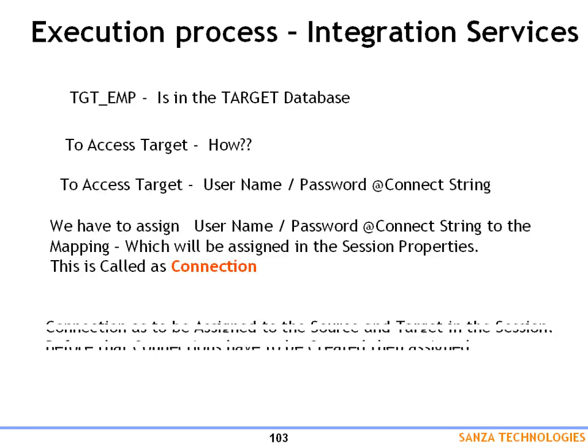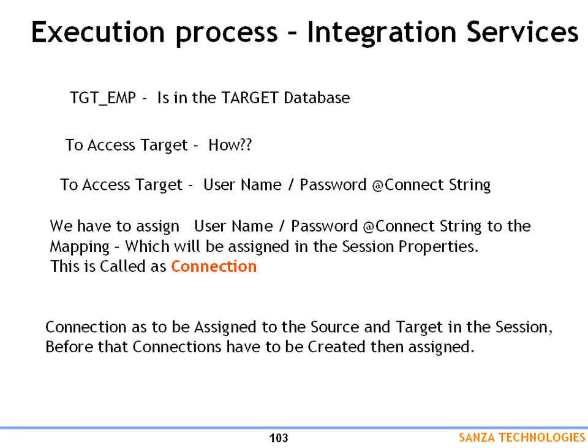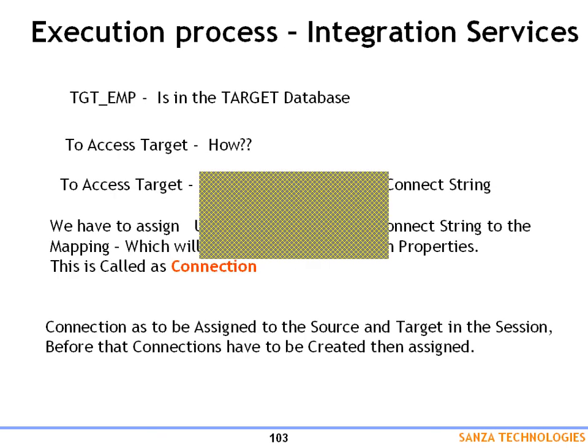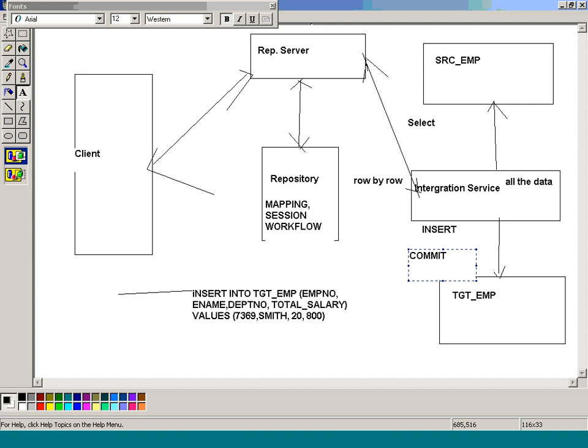After it is assigned, when you execute it, it will go and connect to the source and extract the complete data onto the server where it has been installed. Row by row it will process, and finally it will insert the data as per the mapping, and it will send the commit interval on this.